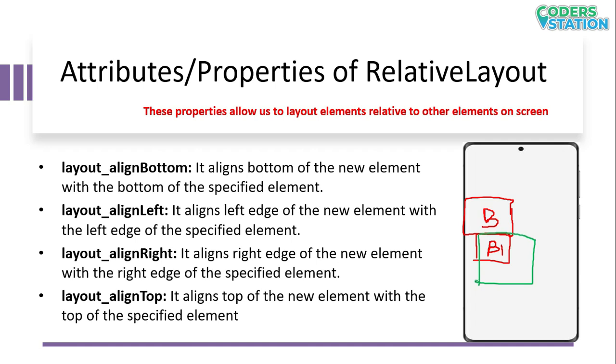Then again, as I have mentioned, we have to mention another attribute with this attribute, like if we want to place it on the left, top, bottom, or below of button B1. Or else when you say top, it will be displayed on that button B1 only.